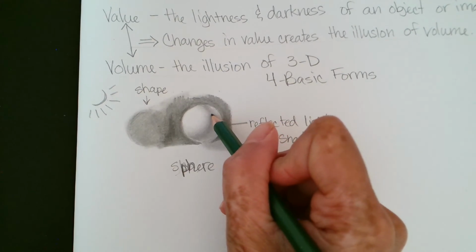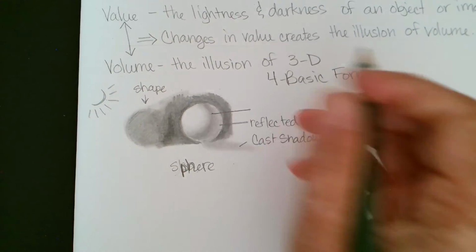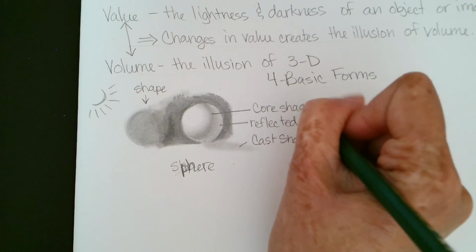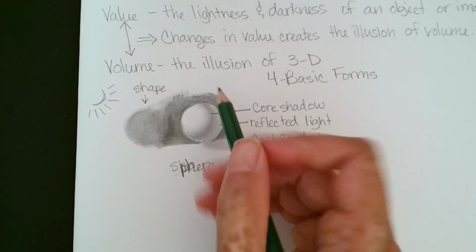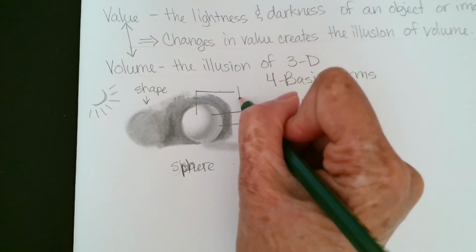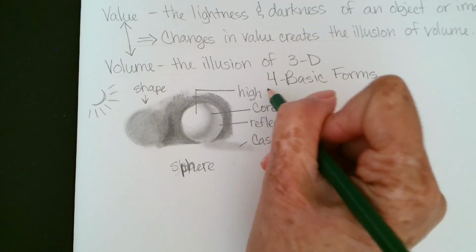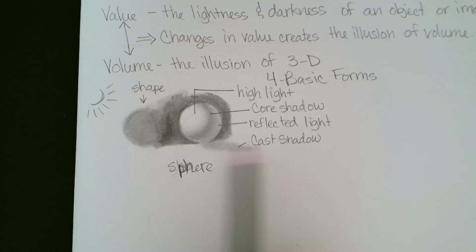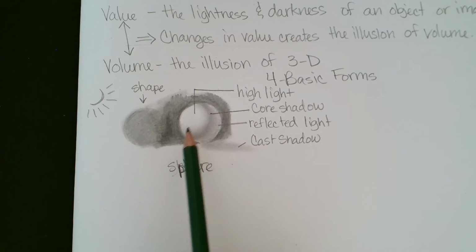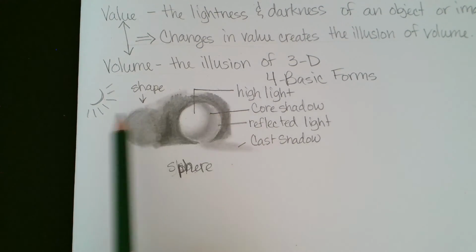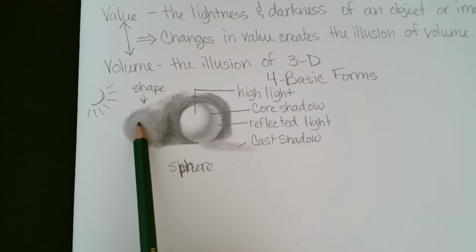And I'm going to label this dark area core shadow. And this light area I'm going to call highlight. Okay, so that's how you would draw a sphere. And that's the difference between volume of a form and the flatness of a shape.